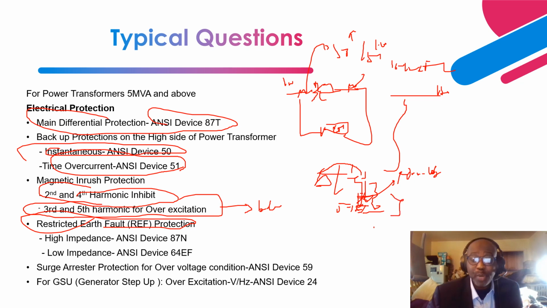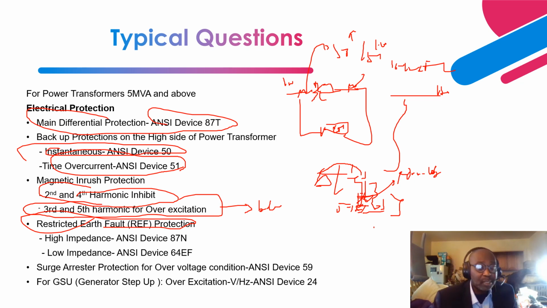As such, we need a sensitive protection element. That is how restricted earth fault protection is utilized. It's a highly sensitive protection element that complements the main differential element, applied in an overlapping condition to detect ground faults in this area of the Y winding.